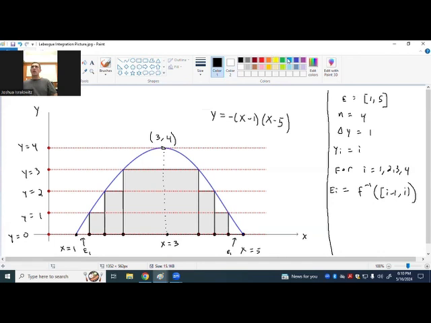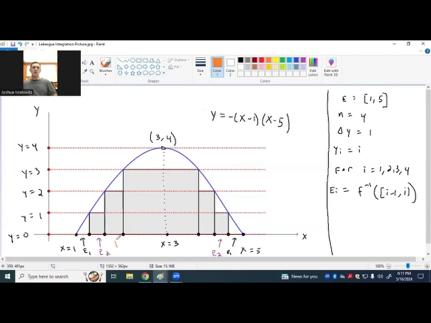I'll go to purple here. What about E2? It's the inverse image of 1 to 2. So when is the parabola between 1 and 2? Well, just here and here. So here and here are the x values where the graph is between 1 and 2. Do the same thing for 2 and 3.